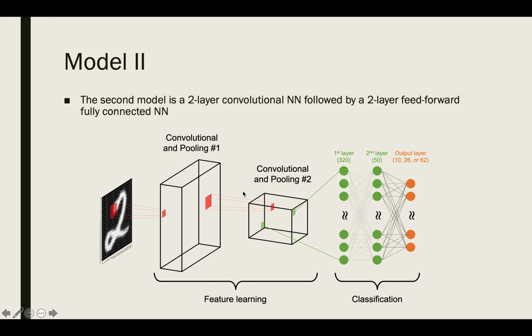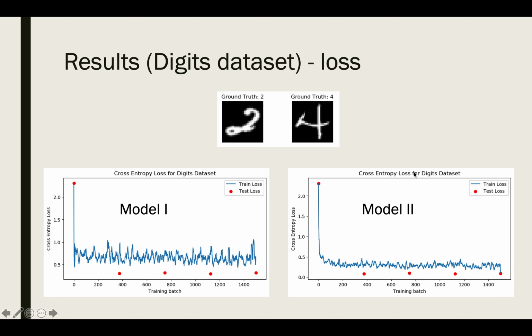And at the end of the convolution part, the data is flattened to give a vector to the feed-forward neural network part to do the classification. We have the same case here for the output layer, and the number of neurons in that layer depends on the class of the dataset that we are using.